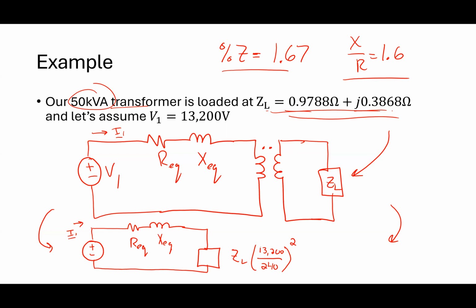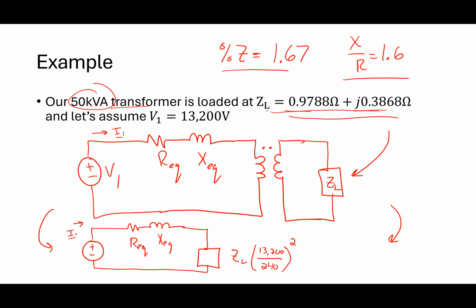What happens if I put no load on it? If I leave it open circuited on the secondary side, then how much current is flowing? 0, right? That's okay. That's the rated current: if I do 50 kVA divided by the voltage, that tells me the rated.